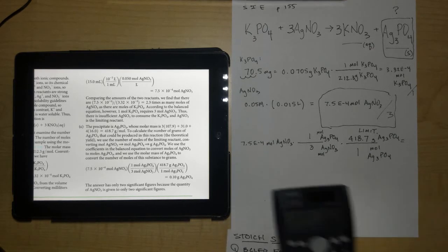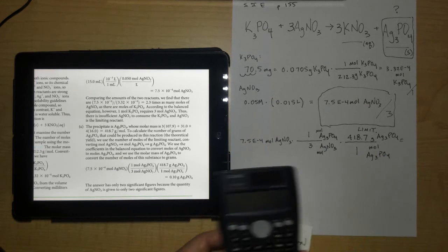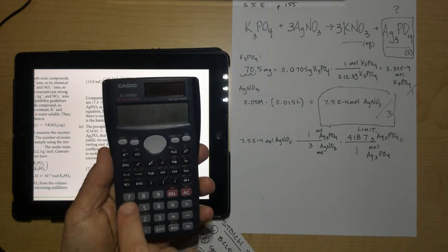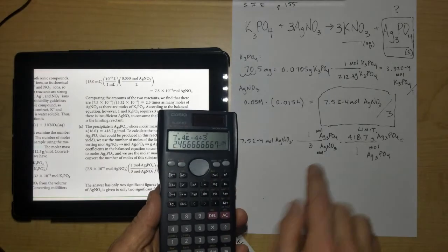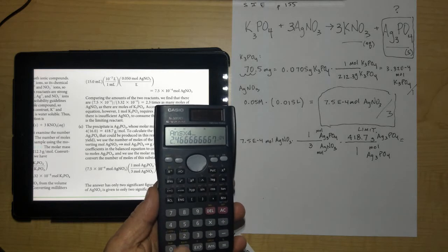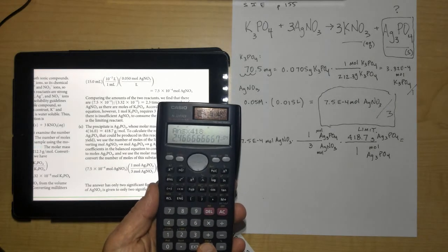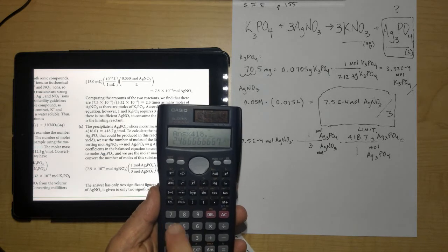And now try it on your calculator, and let's see how we do. Let's see if we match. Let's see if we did everything right. First of all, 7.5, enter exponent, negative 4th, and then divided by 3, enter, there we go, and then times 418.7.